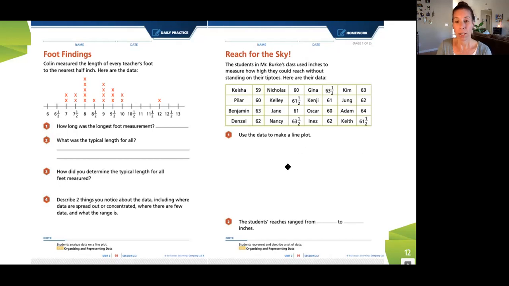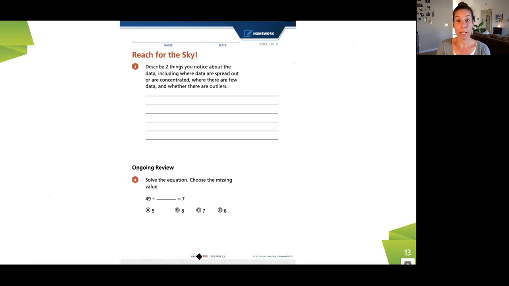So that's number 1. Number 2, the students' reaches ranged from blank to blank inches. So this is going to be your smallest number, and this is going to be your biggest number. Okay, so page 100. We're still using that same line plot, reach for the sky.